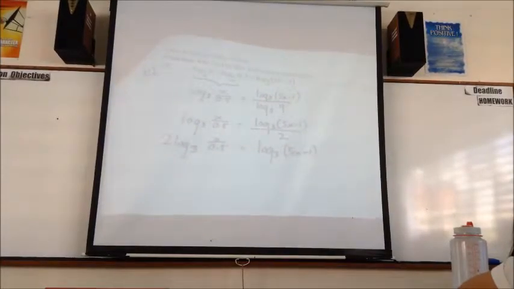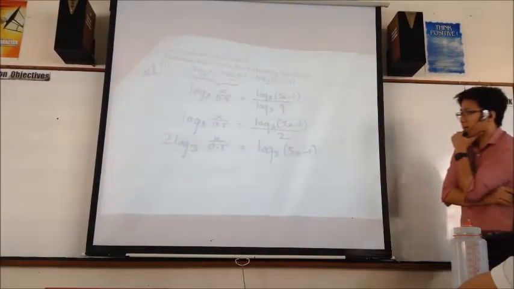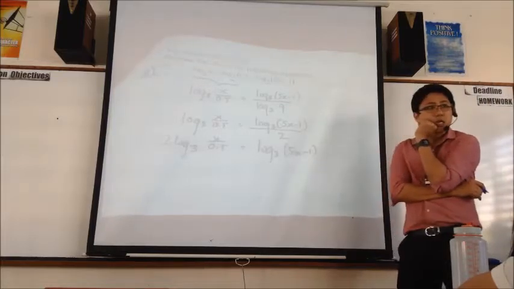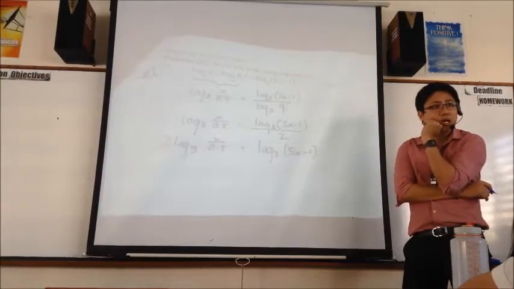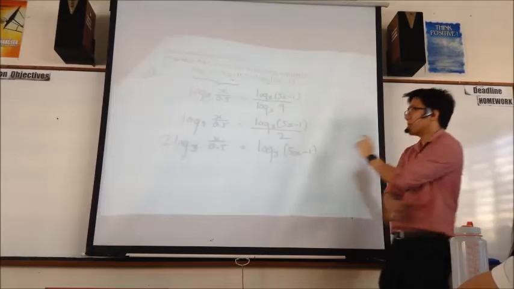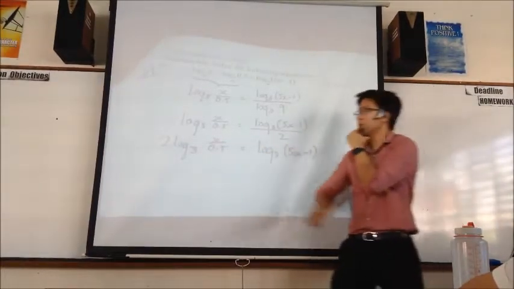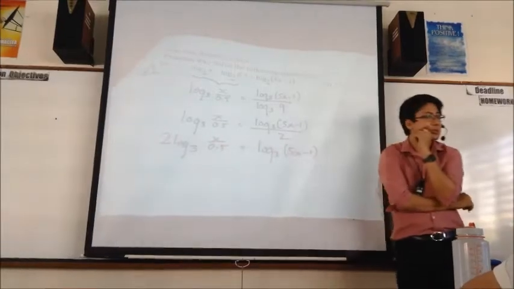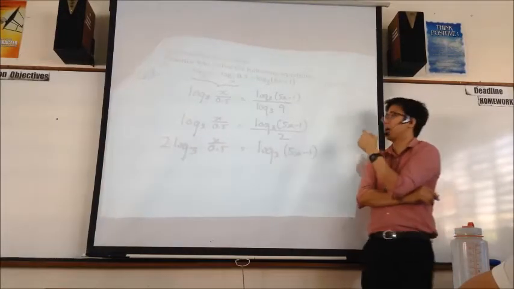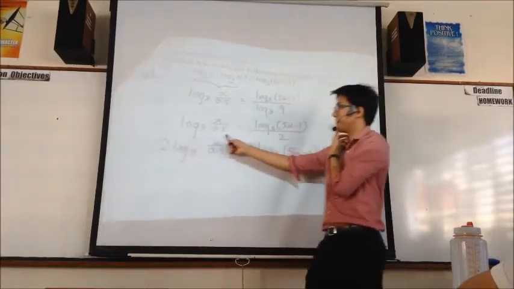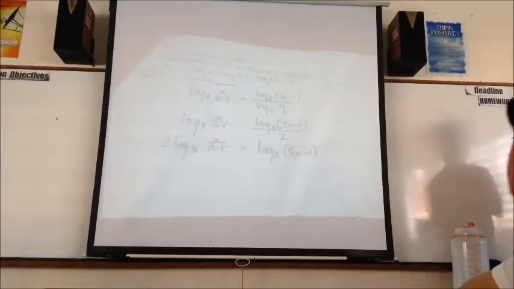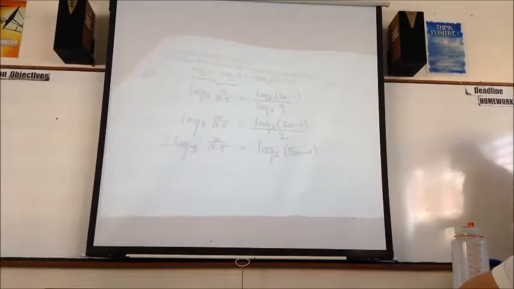Can I say x over 0.5 equals 5x minus 1? The base is the same but there's a 2 in front. So I bring it up. If I bring it up, I can compare already. Stop here.